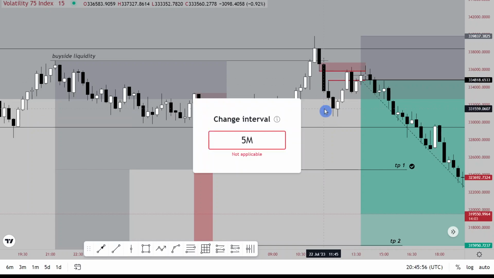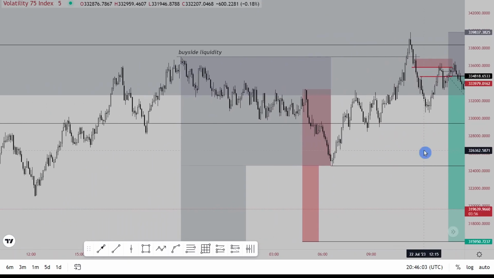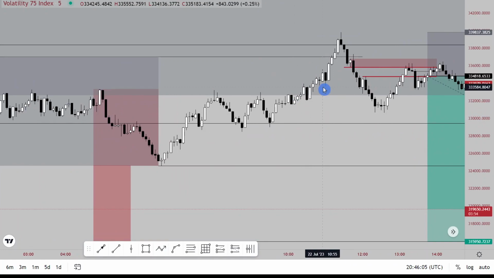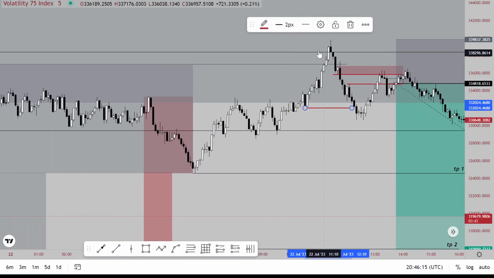So let's go to the 5 minutes chart for further refinement. So right there, as you can see, the 5 minutes has this break of structure to the downside. We broke this low and we broke this low as well. Okay. So the 5 minutes, we have break of structures to the downside after liquidity grab into our area of interest.